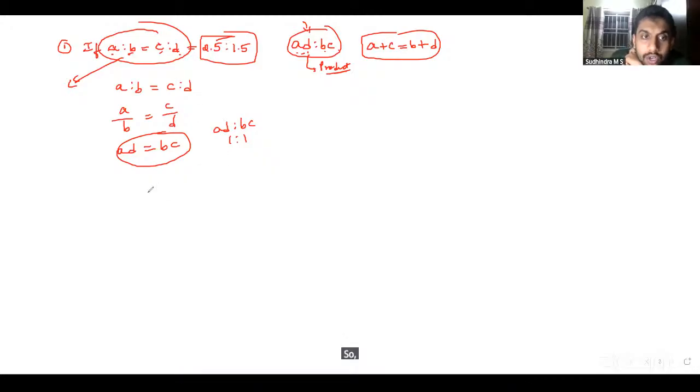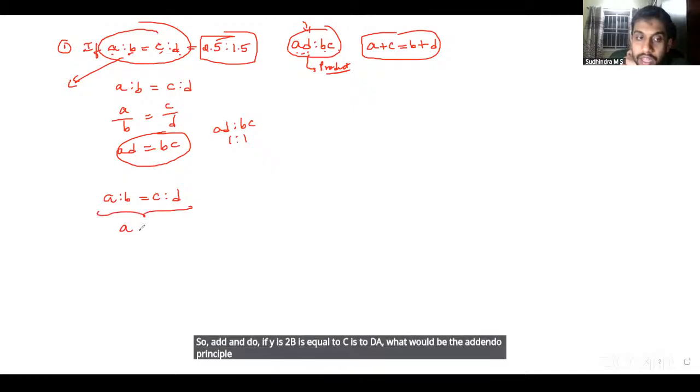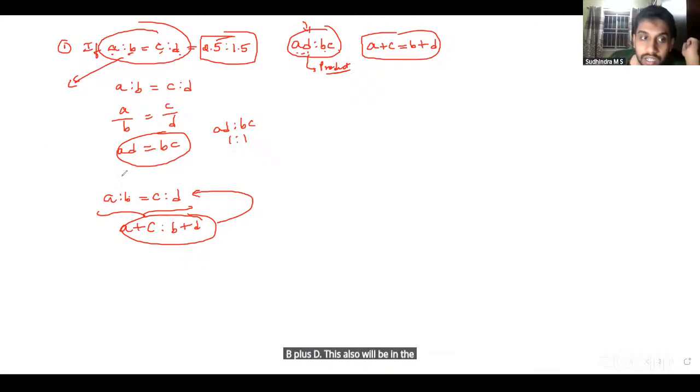So addendo: if A is to B is equal to C is to D, what would be the addendo principle? A plus C is to B plus D. This also will be in the same proportion. Correct?